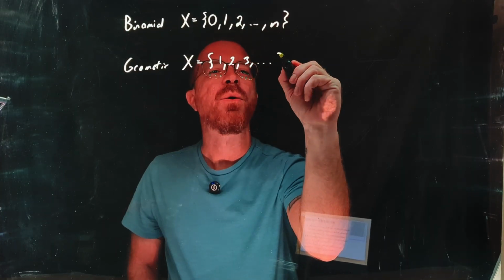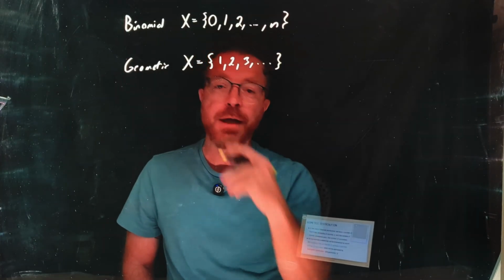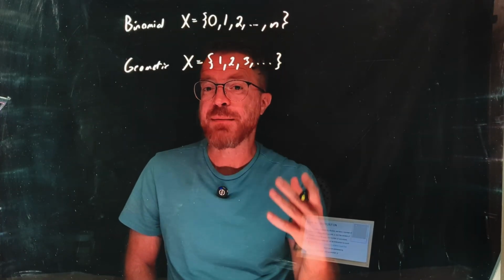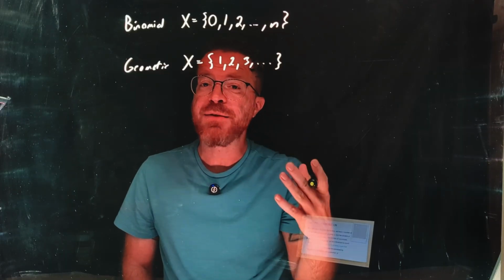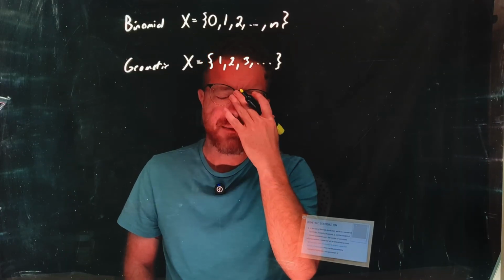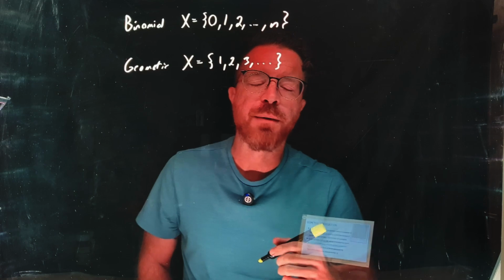So the possible outcomes for our random variable that we can find a probability for are a little bit different. But it does still have some similarities with our binomial probability distribution.